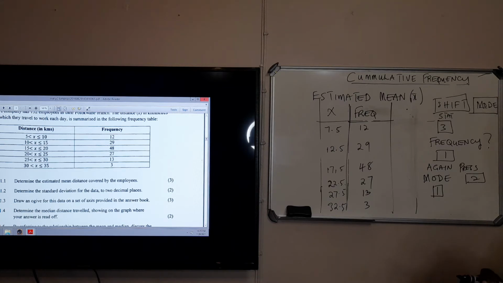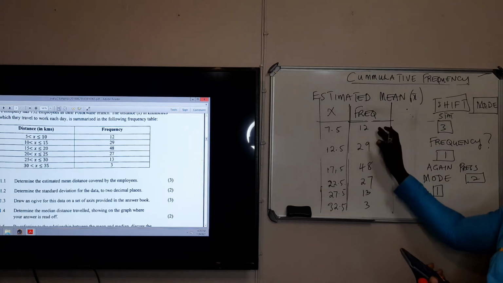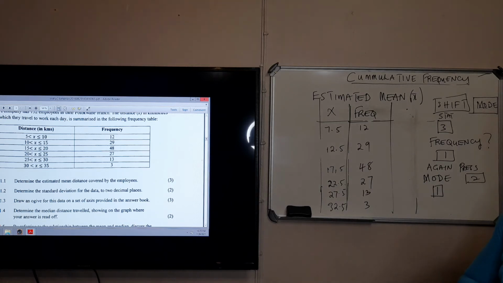And then 32,5, you press your equal sign. After you have captured up to the 6 data, you go up again, and then you go to this column and capture the data there. So it's 12 equal sign, 29 equal sign, 48, then you press equal sign, 27, press your equal sign, 13, you press your equal sign, and then 3, you press your equal sign. So now the data has been captured.